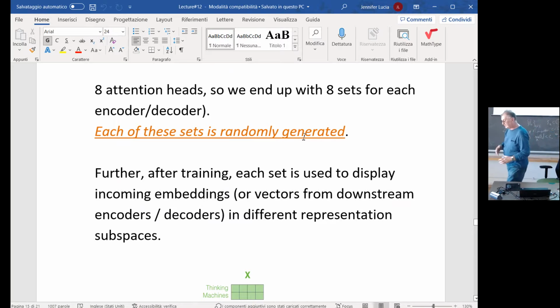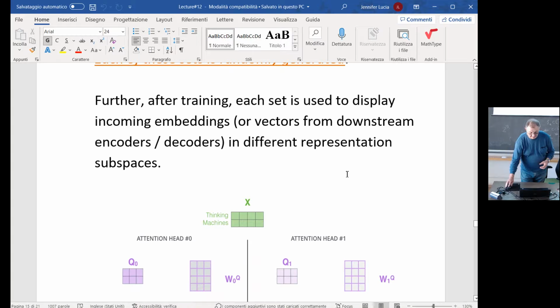It was found experimentally that this is near the optimal quantity of replication. Further, after training, each set is used to project incoming embeddings. So for each independent set we have different matrices, vectors, and grades of importance.